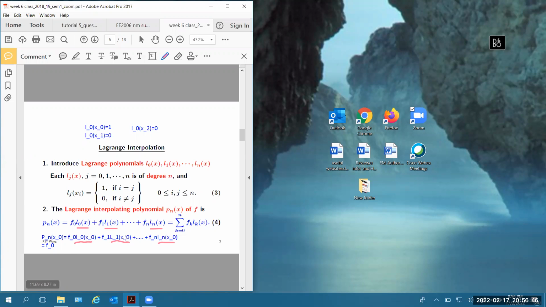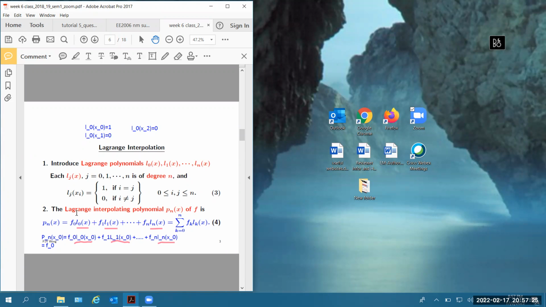You get all this because of property number 3. This step shows that the line actually passes through all the points, every point.